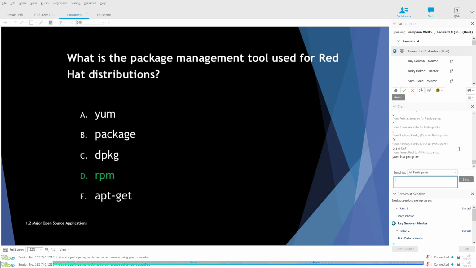Yum is a command. What the question is asking is, what is the package management tool? So in Red Hat, it's RPM. In Debian, it's the Advanced Packaging Tool, APT.